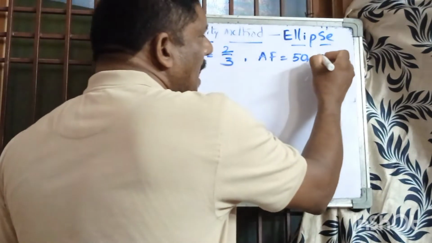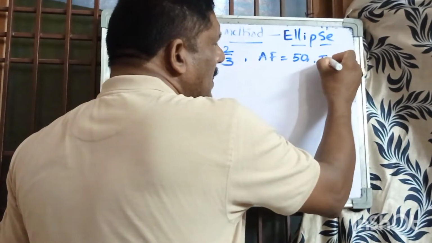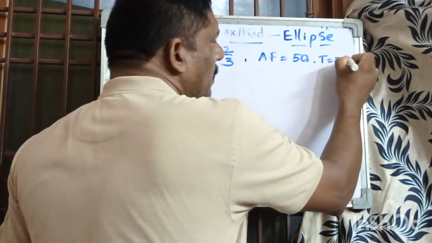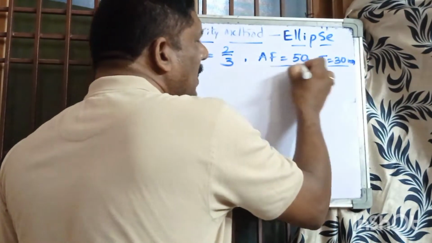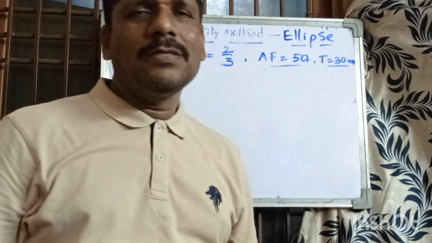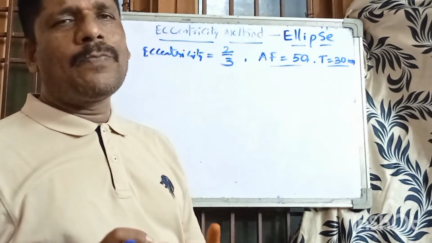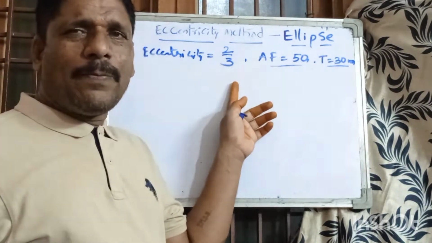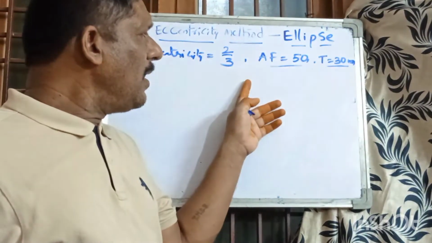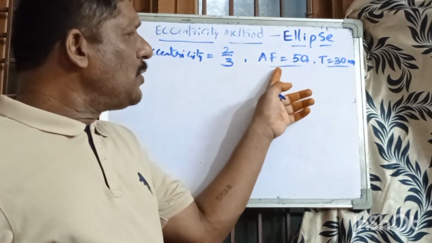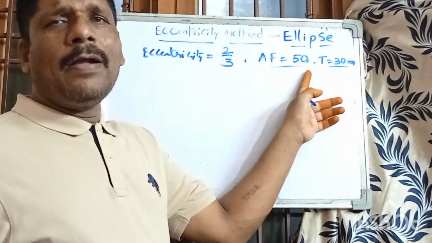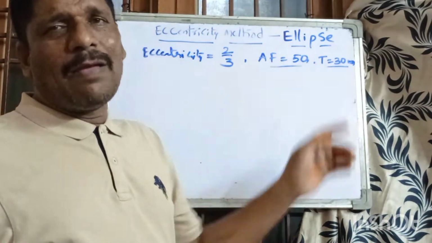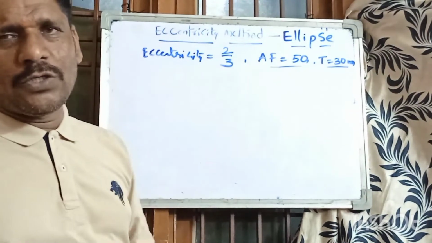And draw a tangent and normal at 30 mm. So the question is, draw the curve of eccentricity 2 by 3, where the distance between directrix and focus is 50 mm, and draw a tangent and normal at 30 mm to the curve.